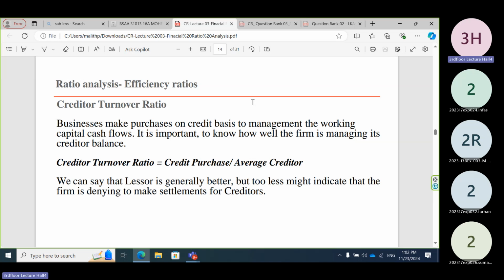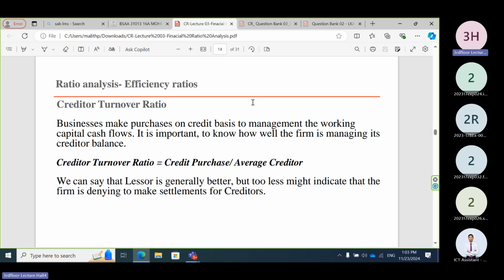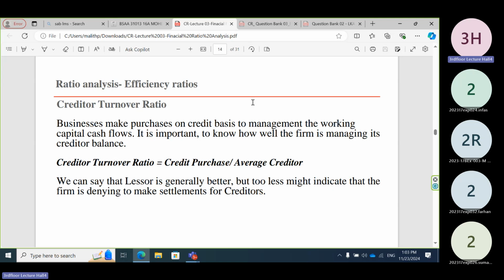Let's say it is 20. What does it mean to you? Within 20 days, you can get cash from that organization on average. That's the real answer. If you are getting 1 for creditor turnover, you have 365 divided by 1, so that organization will take 365 days. How would they settle? So you are not going to tie up with this company. Right? So that's a basic understanding.